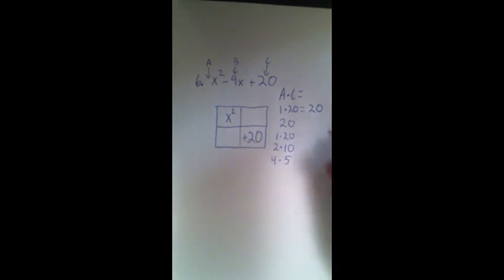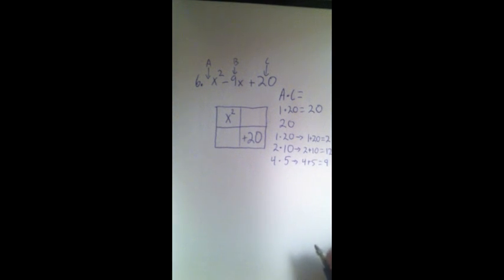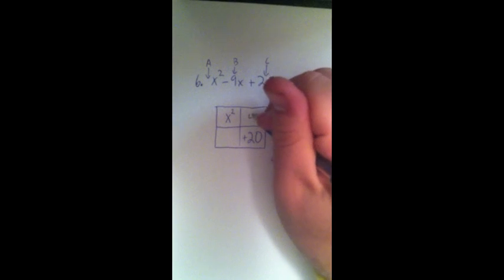When we combine them, we see that 1 plus 20 will give us 21. 2 plus 10 is 12. And 4 times 5 is 4 plus 5, which equals 9. But like I said, we want negative 9. So we need to assume that we're talking about negative 4 and negative 5.